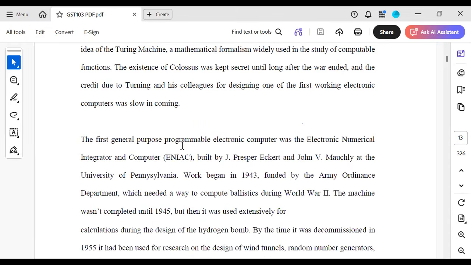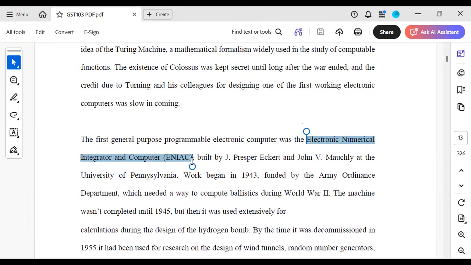Now, the first general purpose programmable electronic computer was the Electronic Numerical Integrator and Computer, ENIAC. You need to know the meaning of ENIAC. This is a very notorious question in your exam.